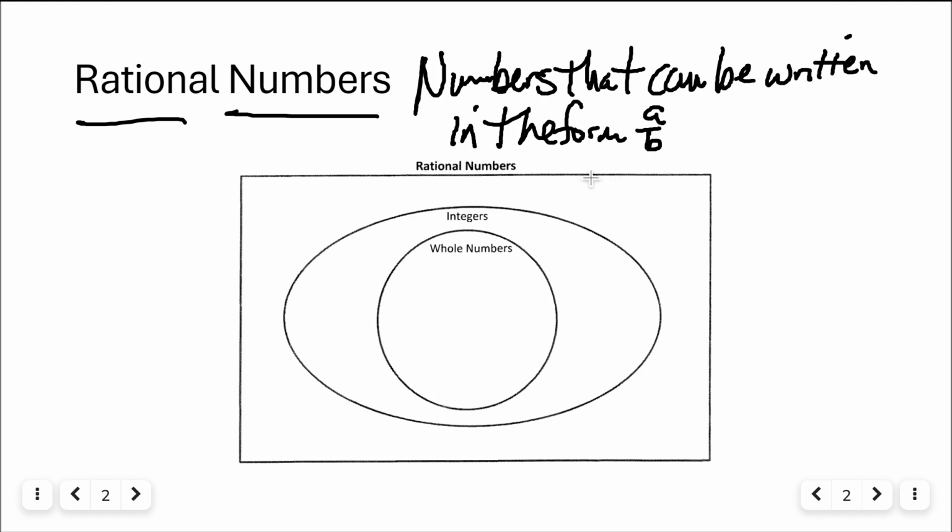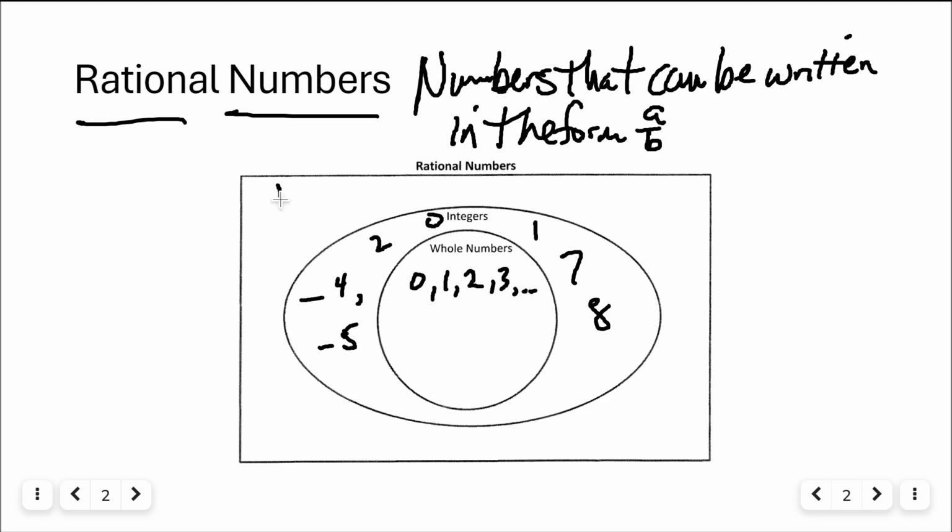We're going to talk more about this in the next video, but within rational numbers, there are two other sets of numbers. There are integers. These are examples of integers: -4, -5, 2, 0, 1, 7, 8. And inside of integers are the whole numbers, which are 0, 1, 2, 3, etc.